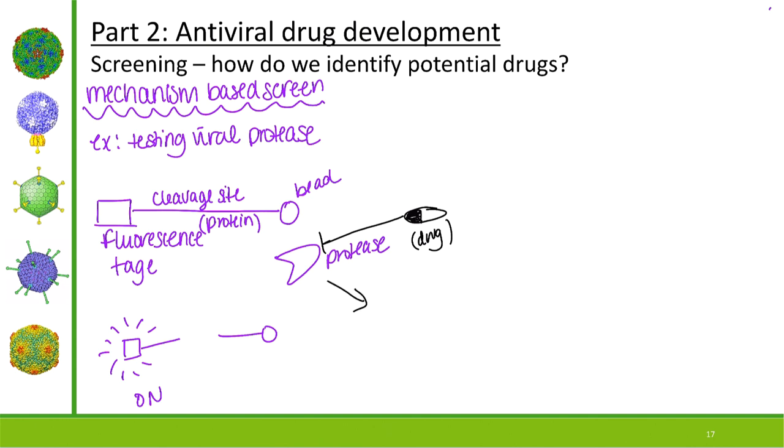But this is going to instead lead to no cleavage and an intact tag, which is going to lead to no fluorescence. And so very quickly we can do a bunch of these, and what we're looking for is no fluorescence, and that tells us that that would potentially be a hit.